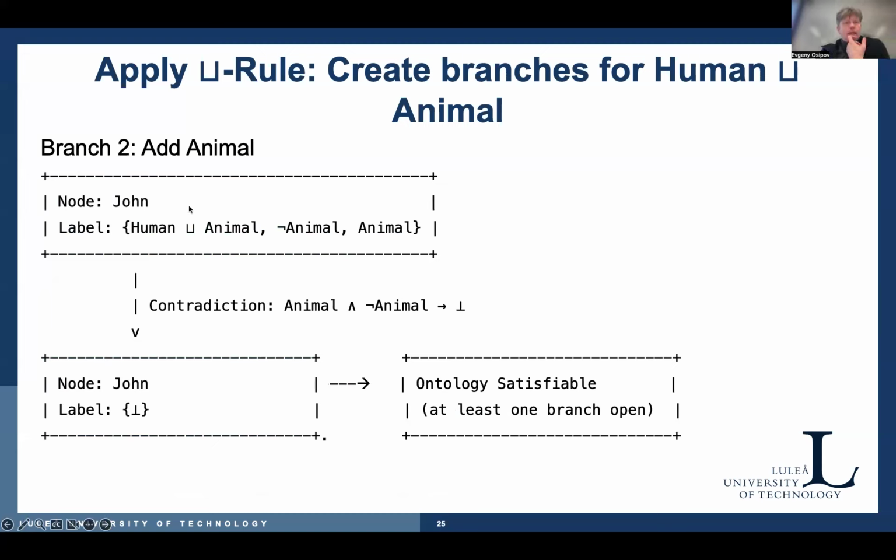The second branch would come to a contradiction, obviously, because of the statement that John is an animal while being a human. But all in all, the verdict will be that the whole ontology is satisfiable, since at least one branch is not contradictory.